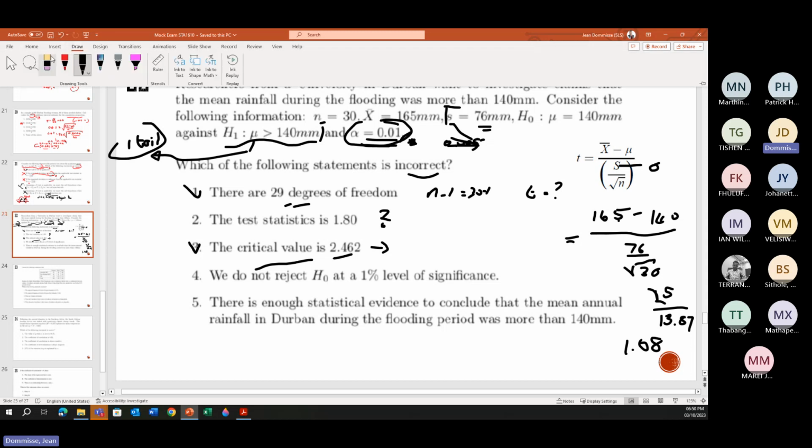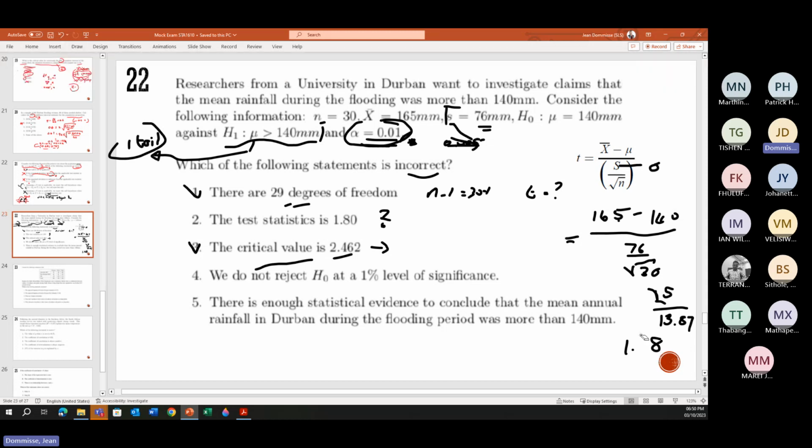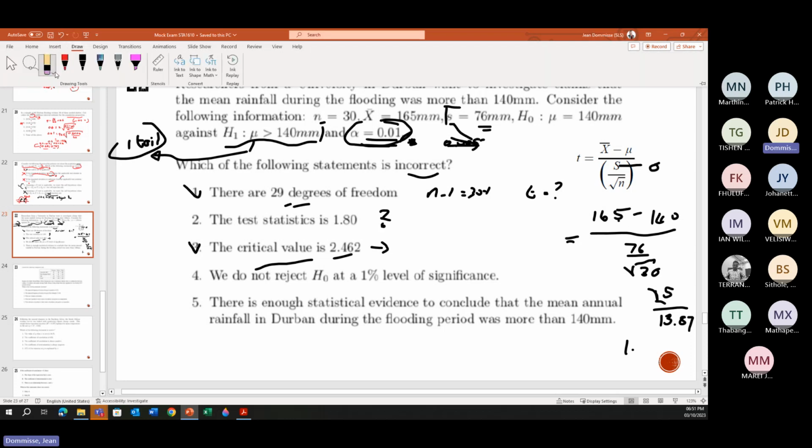Please don't make the silly mistakes I almost made, because in the exam I would have gone wrong by thinking I know what those two were. I would have said 1.08, 1.80. Freaky that it is the same numbers just swapped around.